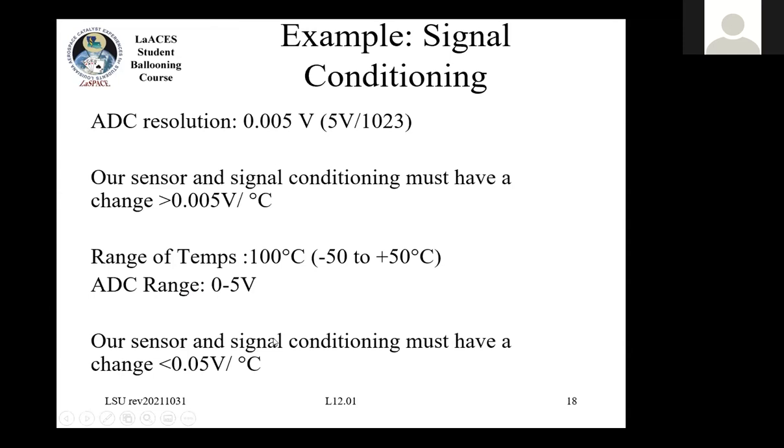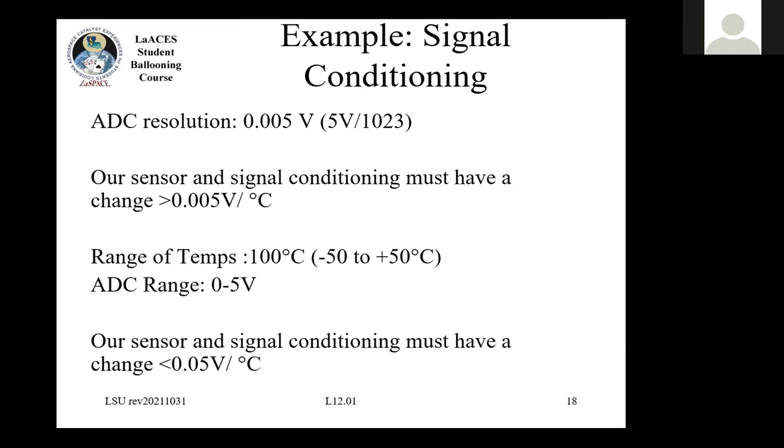say that our signal conditioning output, the signal that we're finally feeding into the ADC, can't change more than 0.05 volts per degree C. If it changes more than that, we'll basically either max out our ADC on one end or minimize it.